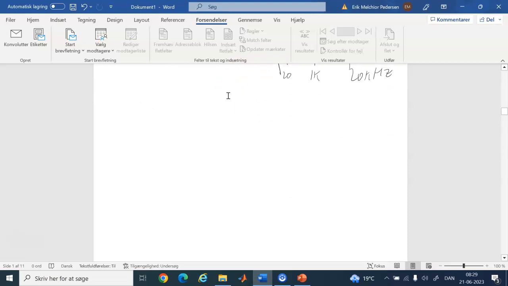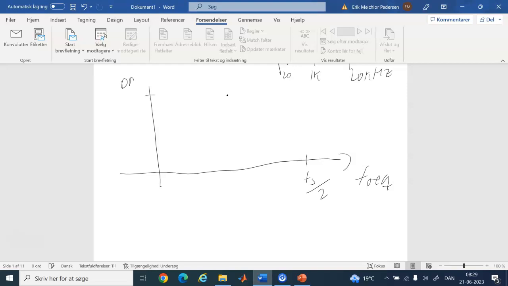Then I continue with some Nyquist. It's a little bit technical, but we need frequency here, Fs half, and decibels against frequency.